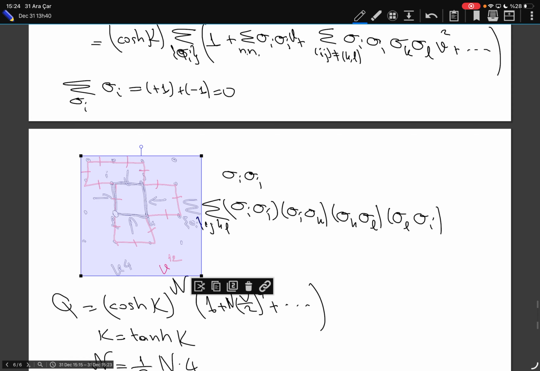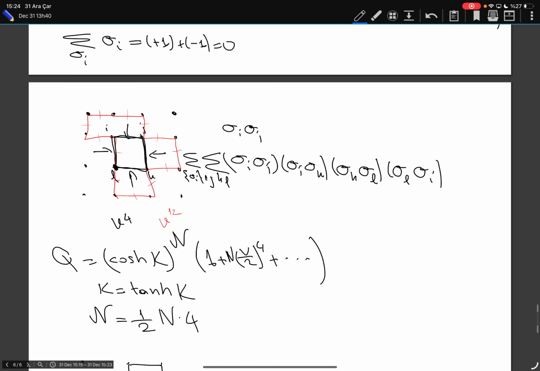You just count the number of closed loops you can construct, having a given number of links. And then you know how to calculate the corresponding contribution. If you have one loop with L links, the corresponding contribution will be this one. No, sorry, it's not V over 2, it's 2V to the 4.